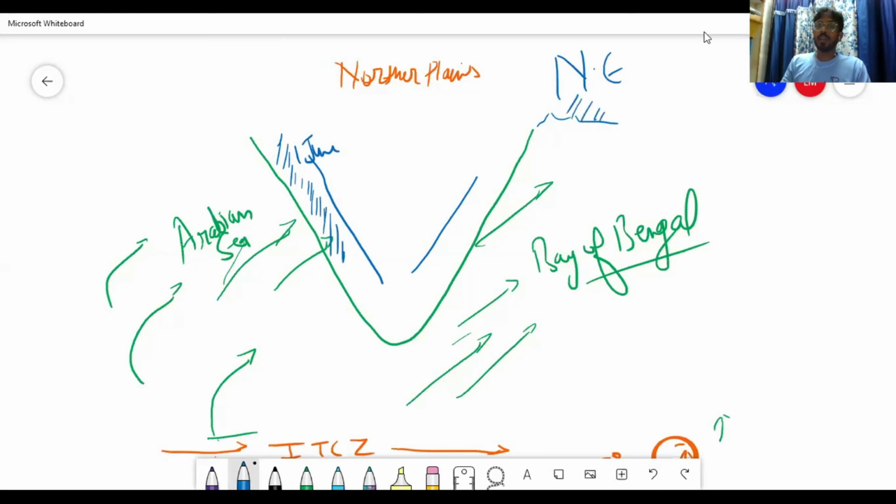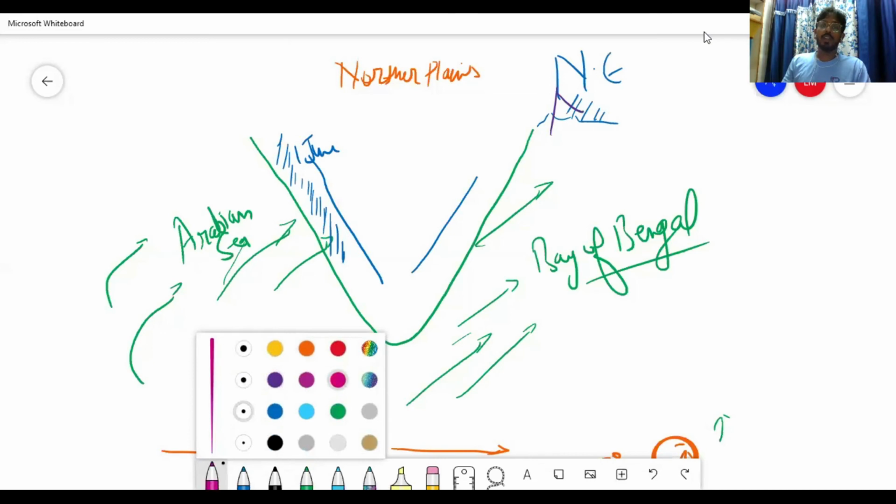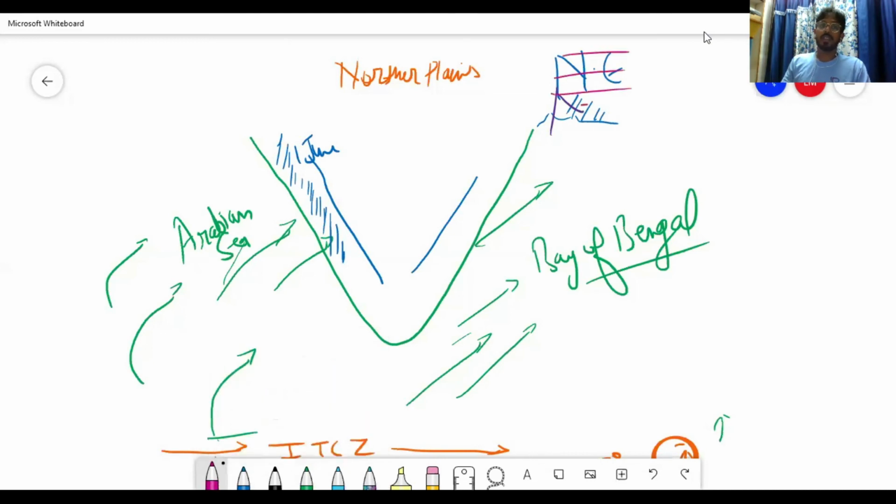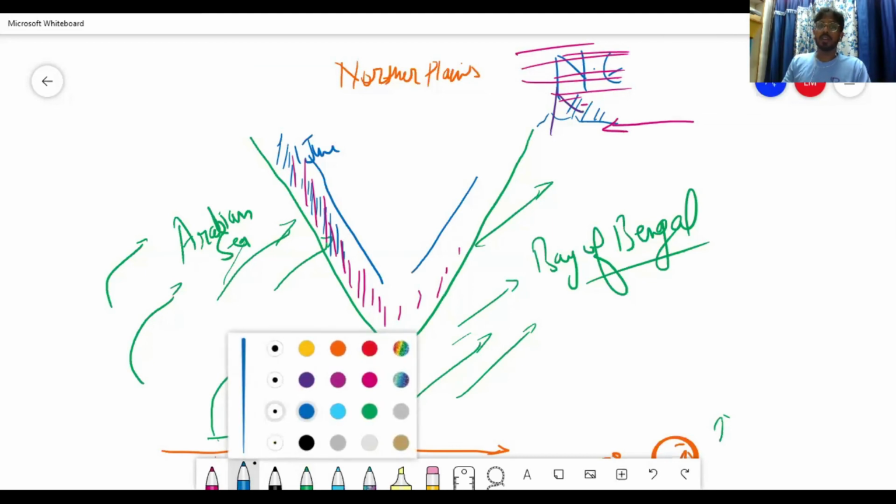So where will the maximum rainfall be? Maximum rainfall will be in the northeast, in this area, right? While moving towards the west, the rainfall starts reducing.